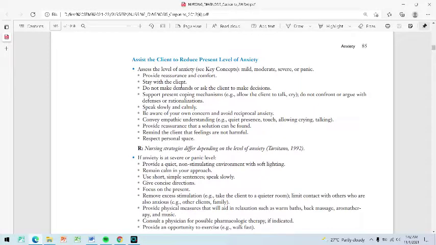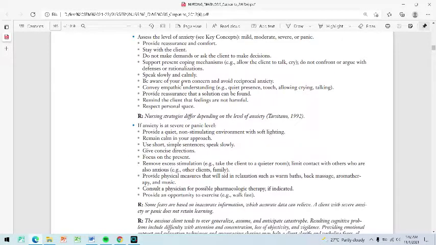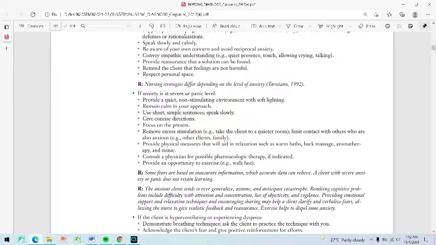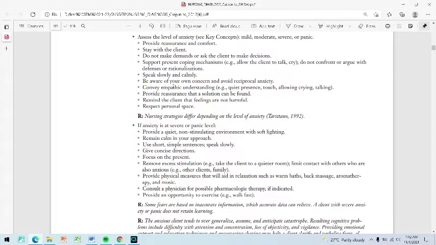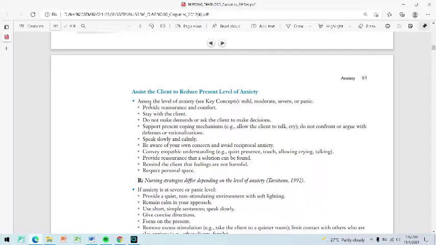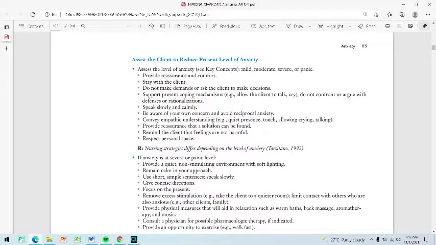Even if the patient is experiencing anxiety, we need to assess the level of anxiety: mild, moderate, severe, and panic. So when the patient is having anxiety, provide reassurance and comfort. Stay with the client.